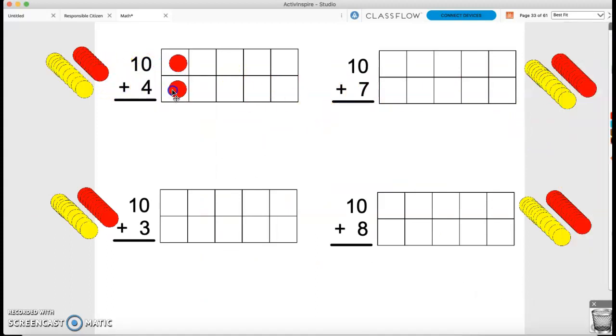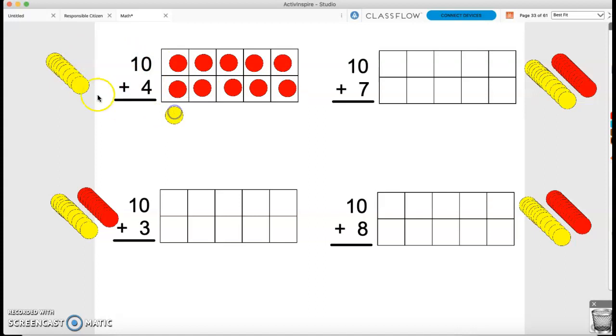Since I know that I have 10 plus 4, I'm going to fill up the 10 frame, and I know that I have 10. So here is our 10 in our 10 frame, and it says 4 more.